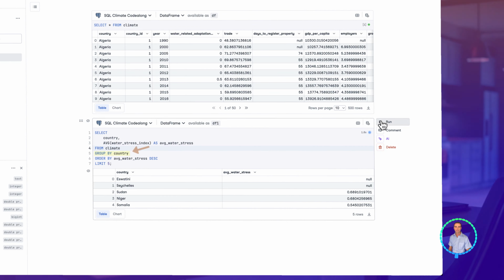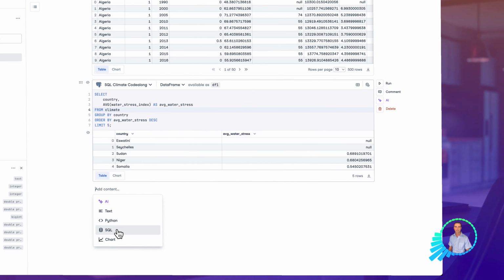We divide the data into groups based on the unique values in the country column. Then, we apply the average aggregate function, AVG, to each group's water stress index column. Finally, we combine the results into a table, sorting the countries by the average water stress index in descending order, limiting the results to the top 5.